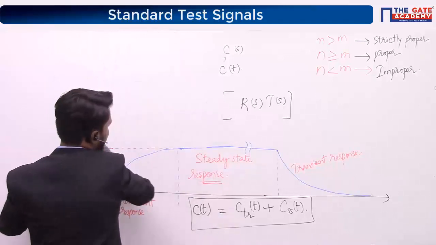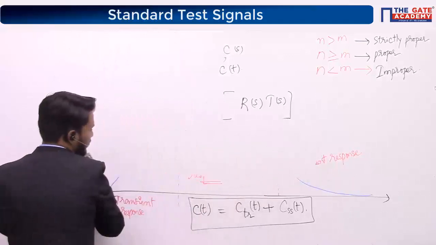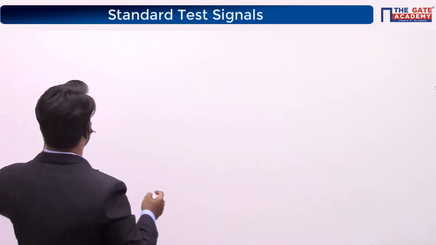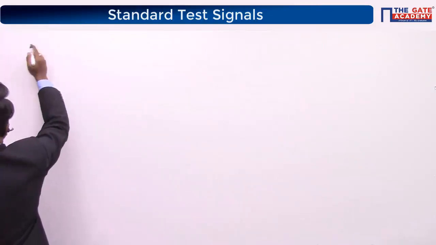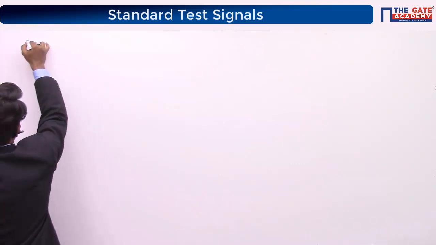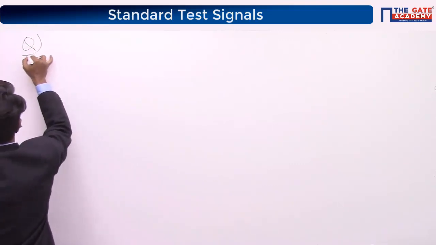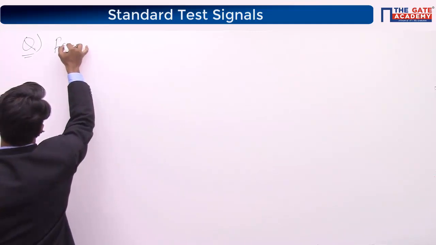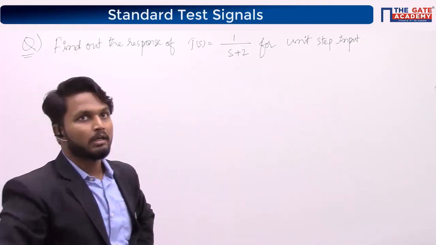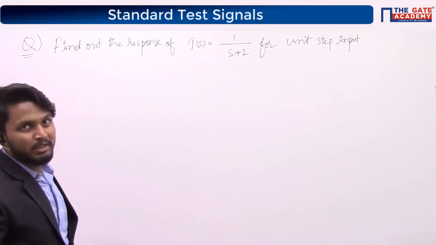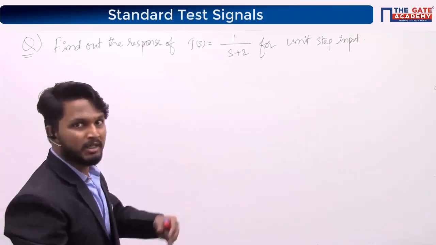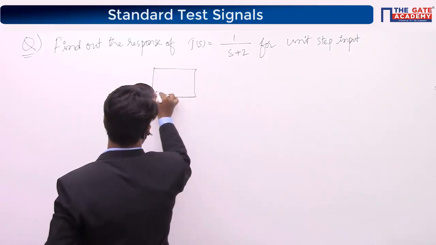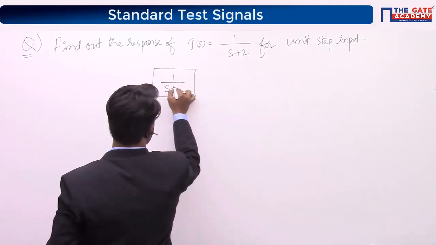Just take down an example of how to find the response of any particular system. Take down this question: find the response of the system for unit step input. This is the system we have: 1 by s plus 2.